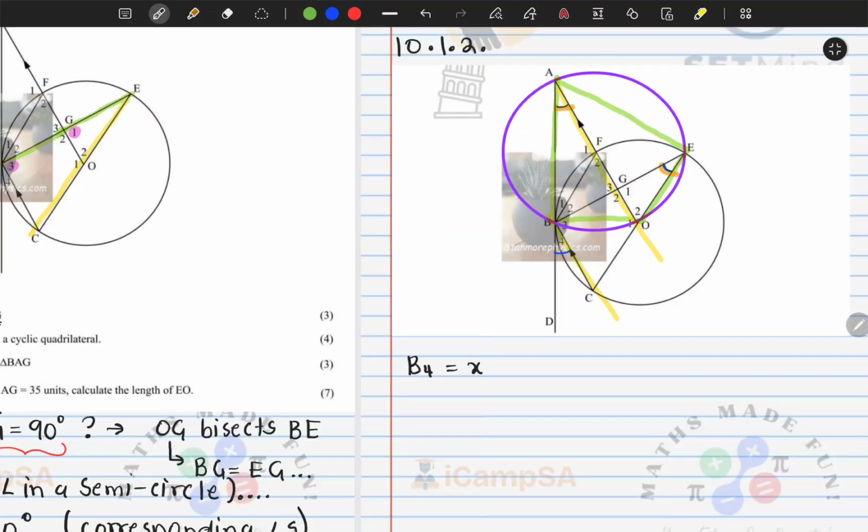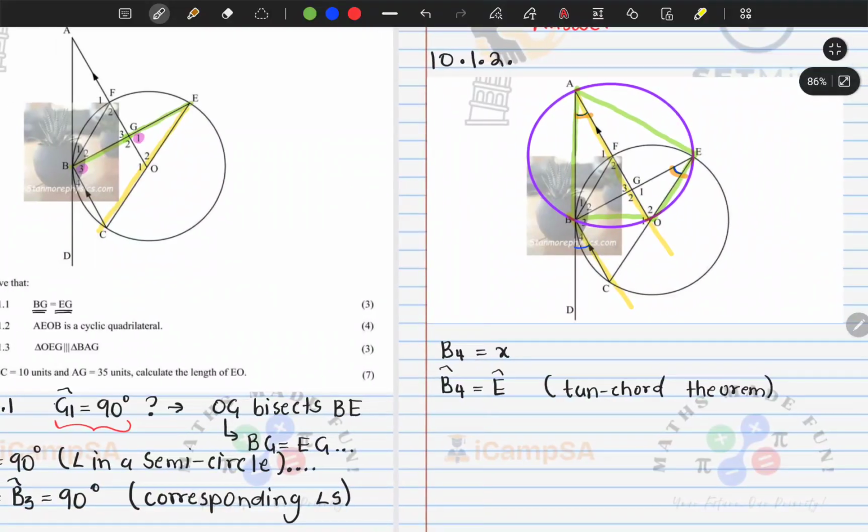That is a dummy variable. The first thing we need to realize is that B4 is equal to angle E, if you observe carefully the original circle. Why is it angle E? That is because of our tan chord theorem.